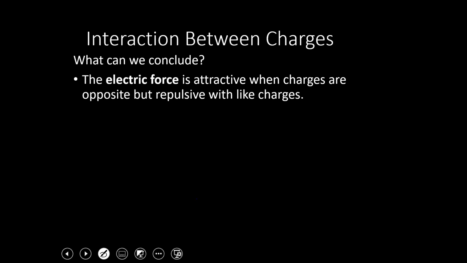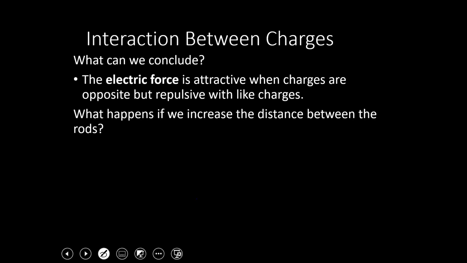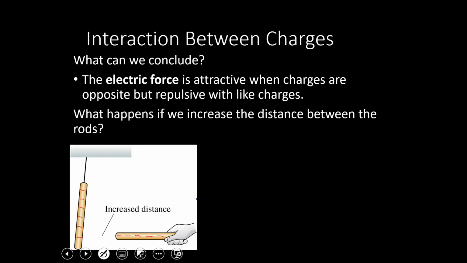Okay, so we know the sign of the charge matters, right? Whether it's positive or negative. But what about distance? What if we increase the distance between the rods? Well, that also plays a role. Here I have two negative rods, and so we would expect them to be repulsive.